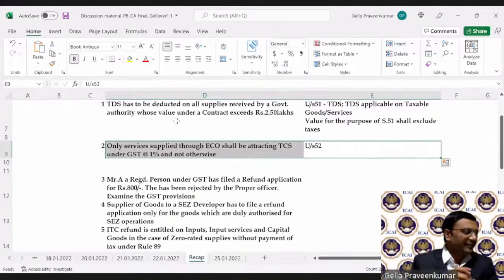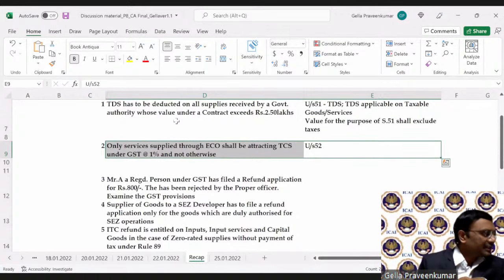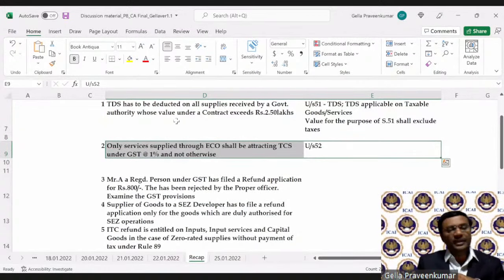Rather, it says that every e-commerce operator not being an agent shall collect an amount calculated at such rate not exceeding 1% as may be notified by the government on the recommendations of the council, of the net value of taxable supplies made through it. When they say net value of taxable supplies, it includes goods and services.